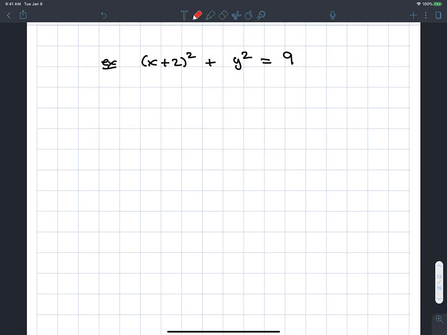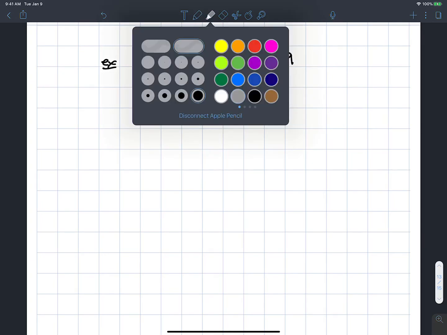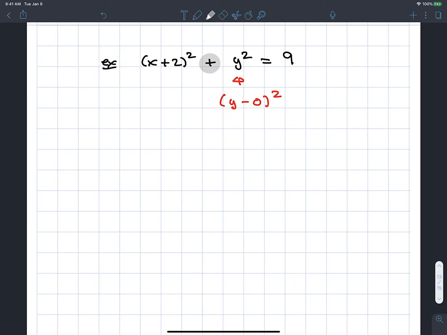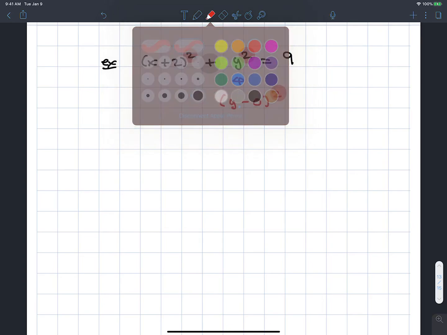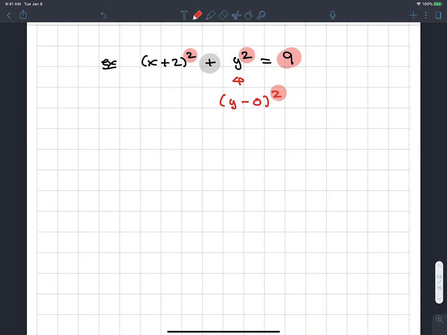Because if you look at this y here, you can think of this as (y minus 0) squared. So notice you have a plus, you have the x and y variables squared, and then that equals a number. It equals a constant out here, right? It equals 9, and that is your r squared value.